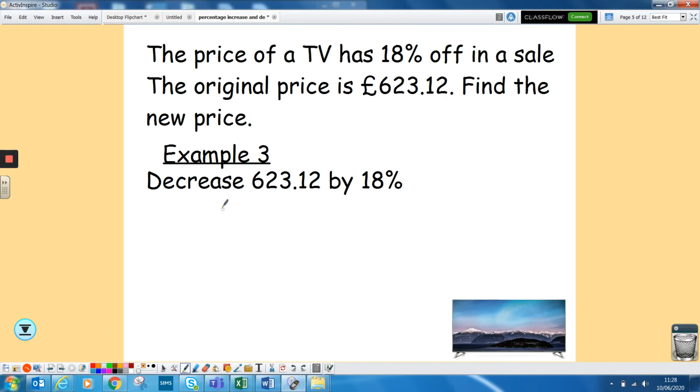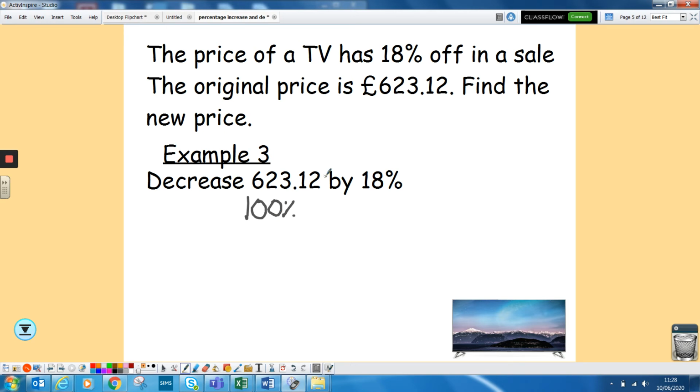If we look at one that's a little bit different, which is a decrease: the price of a TV is 18% off in a sale. The original price is £623.12. Find the new price. Again, really just asking you to decrease this number by 18%. So again, we start off with our starting value, which is 100%. And we are decreasing.